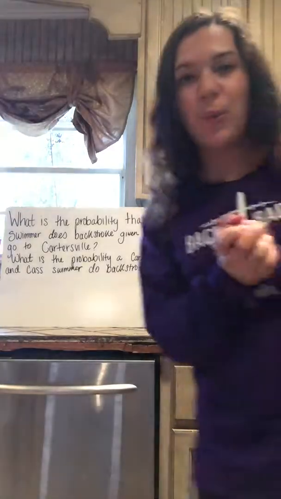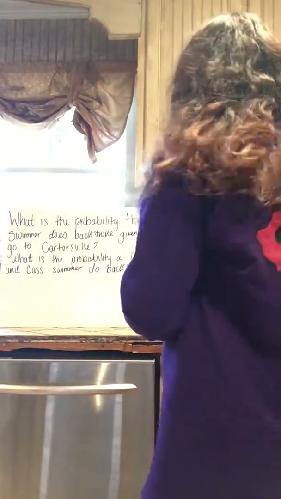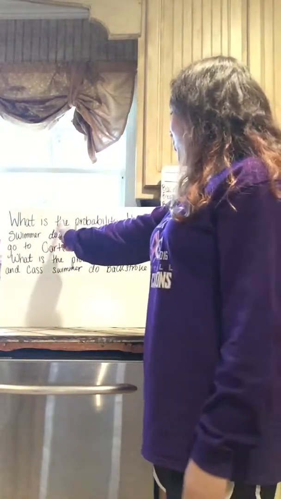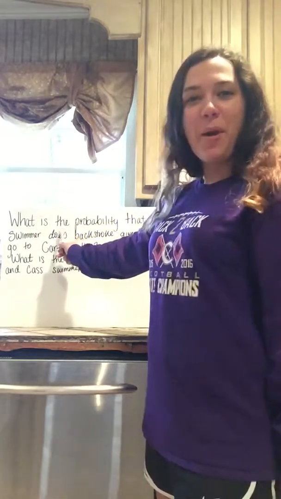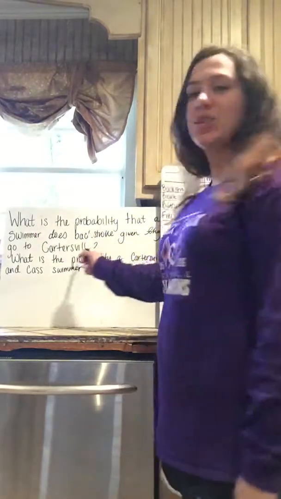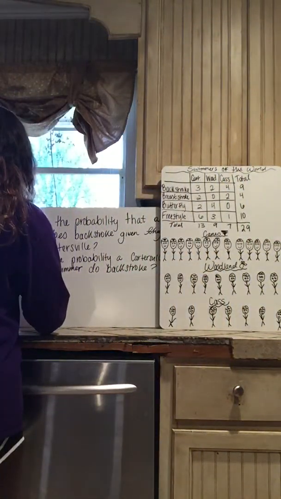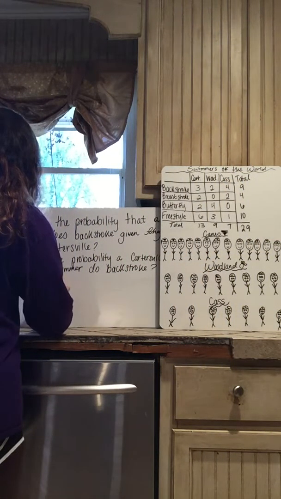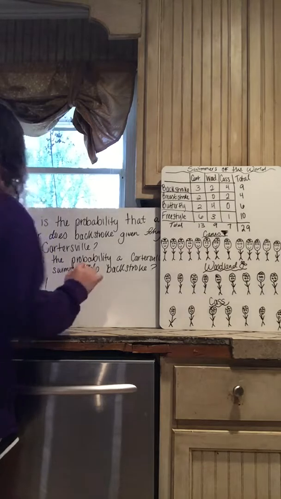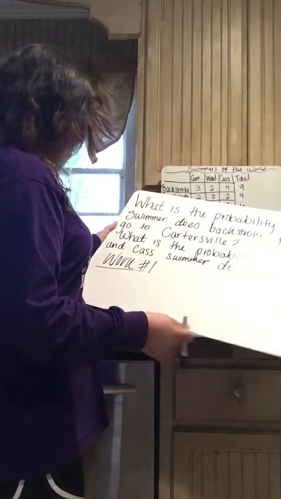Now, we are going to analyze. What is the probability that a swimmer does backstroke given that they go to Cartersville? So, we're going to start our work.